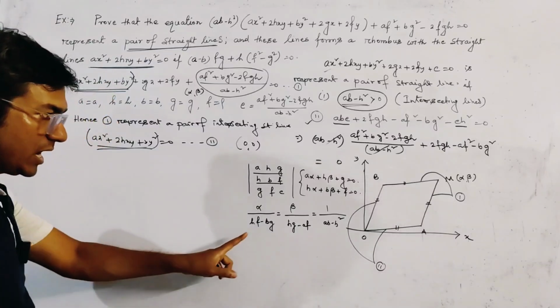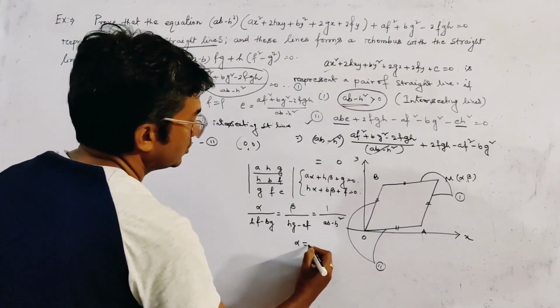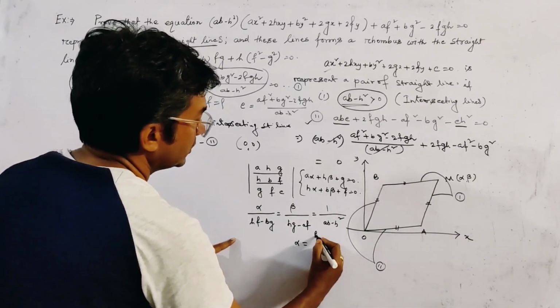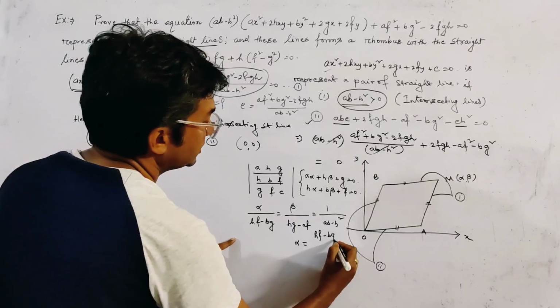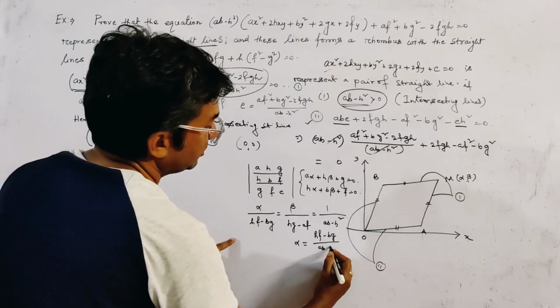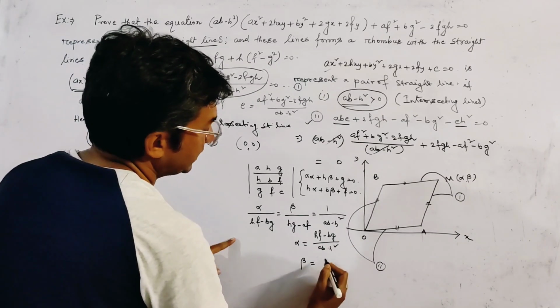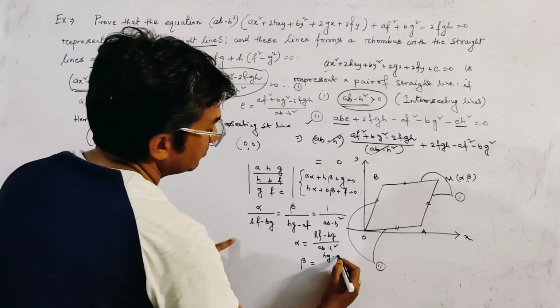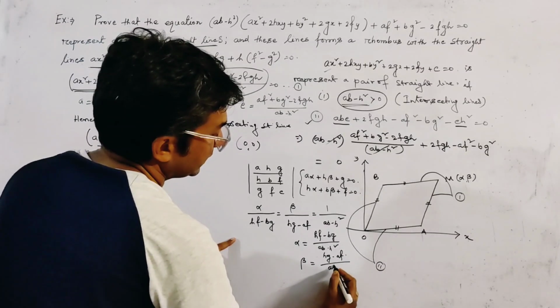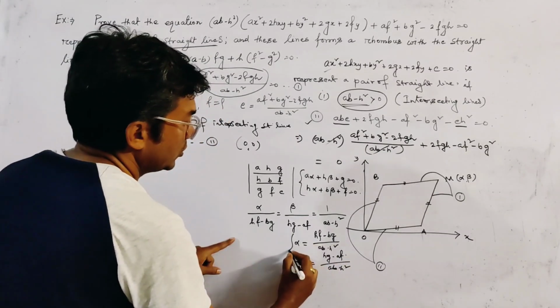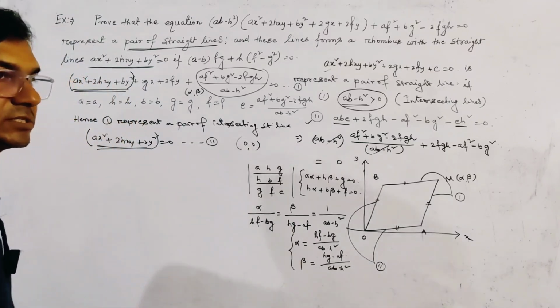So we write alpha equal to HF minus BG by AB minus H square, and beta equal to HG minus AF by AB minus H square. We get the point of intersection.